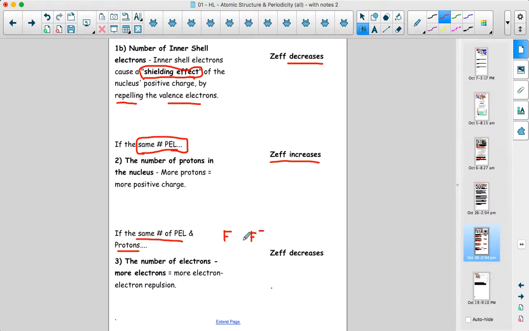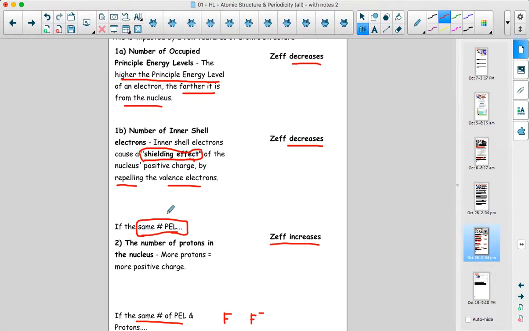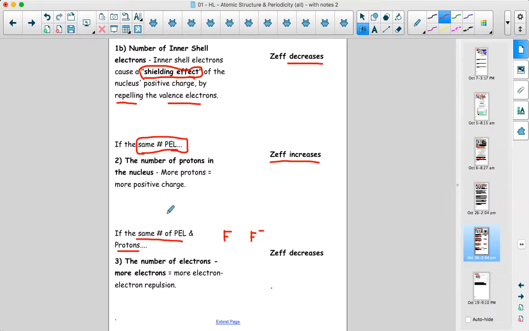These two particles, the fluorine atom and the fluoride ion, both have 2 energy levels with electrons in them, and they both have 9 protons. So we can't use either of the arguments from above to compare which one should have a stronger attraction for electrons. So the thing we must talk about now is the number of electrons that they have.